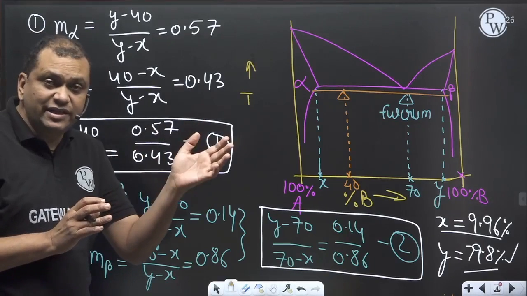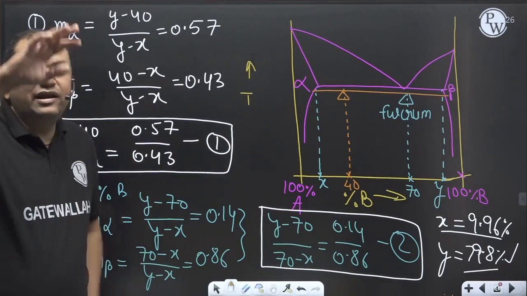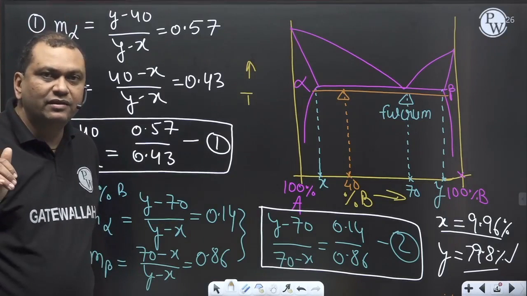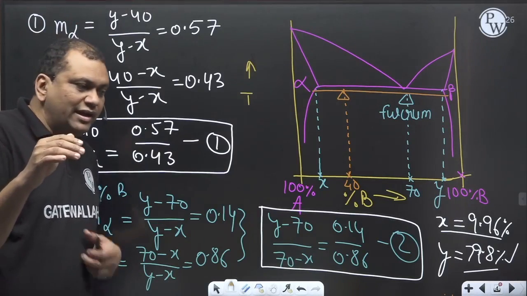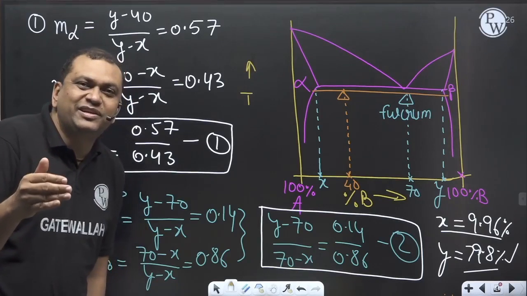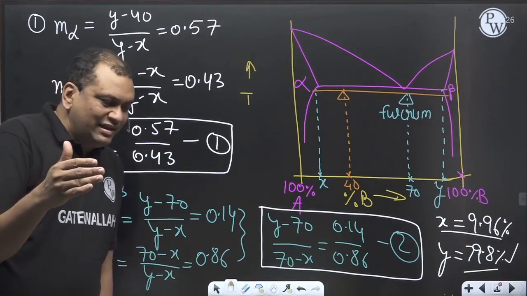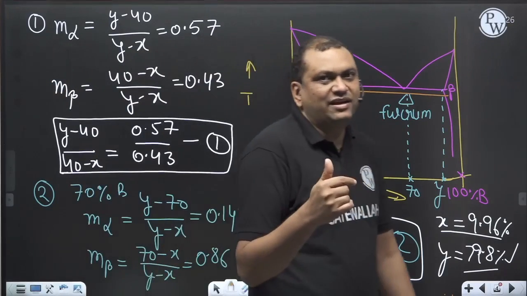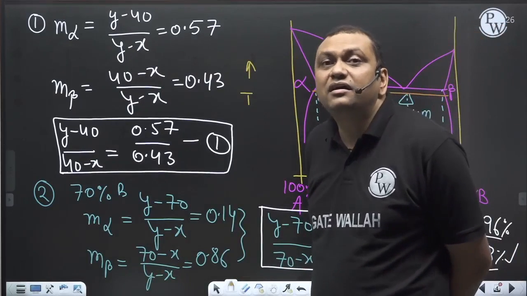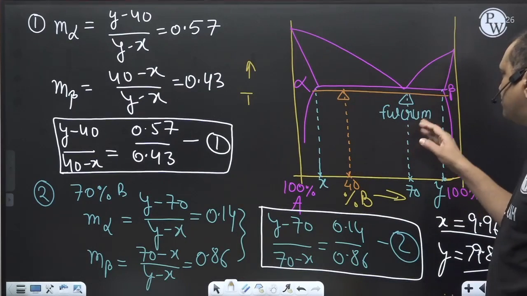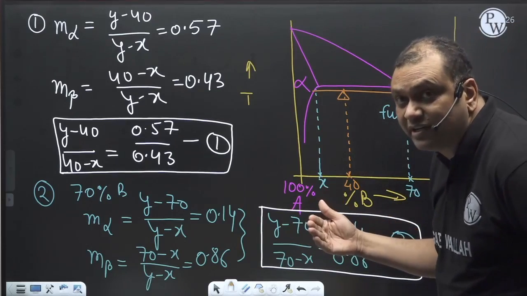As we discussed in the material science theory lectures, there are different types of binary phase diagram. The first category is isomorphous, where there is 100% solid solubility in the solid state. I like the copper-nickel phase diagram. The second category of binary phase diagrams is eutectics, where there is partial solid solubility. This question was from partial solid solubility, the eutectics.